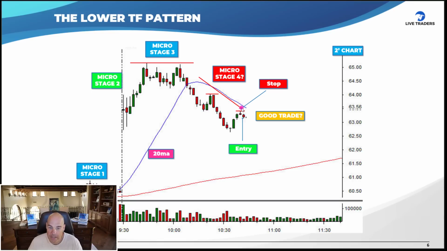We have a topping tail. We have a narrow body bar and a narrow range bar. I mean, if you're doing your checklist, you're checking off some serious stuff right now. All three location items, minor price resistance, declining moving average, 50% retracement, topping tail, narrow body bar, narrow range bar. Oh my goodness.